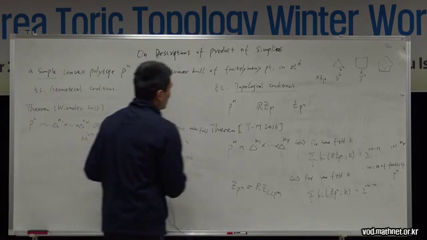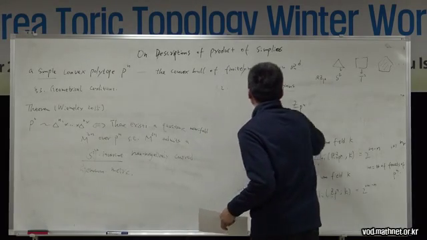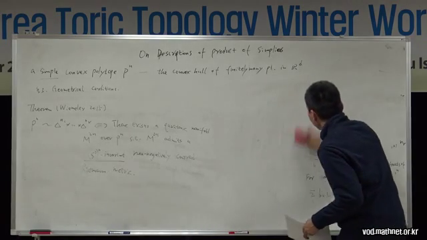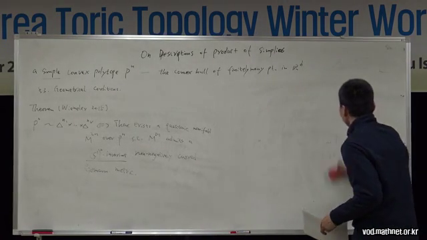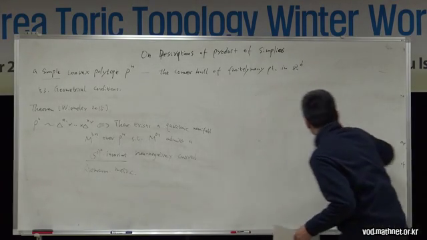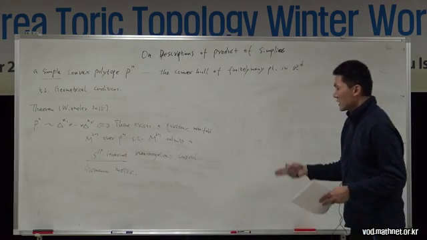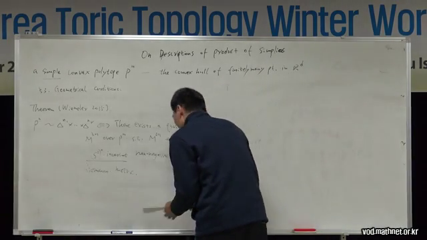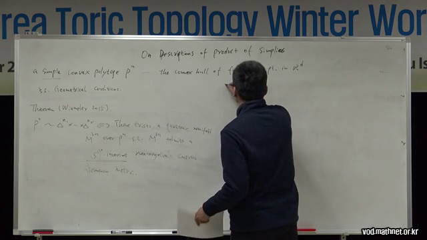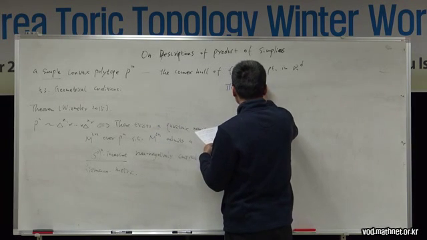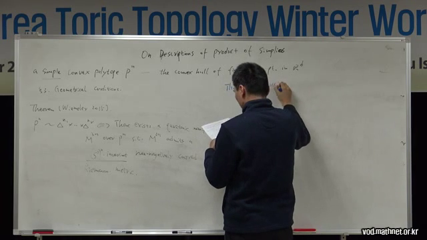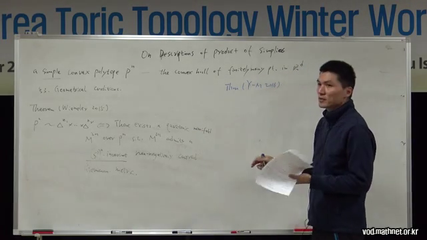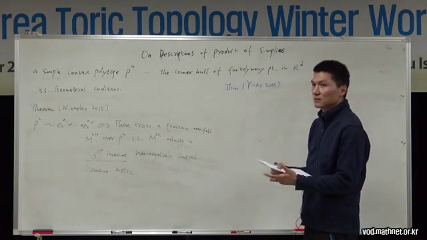Okay, and now I state our condition. There are many similar statements you can make in terms of the curvature of some Riemannian metric on the space. So our theorem is this. We can also formulate some condition in terms of the real moment-angle manifolds.